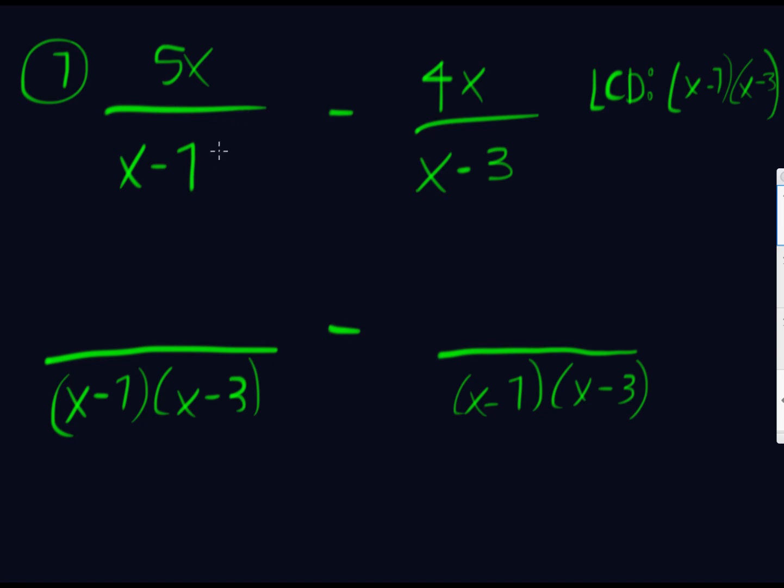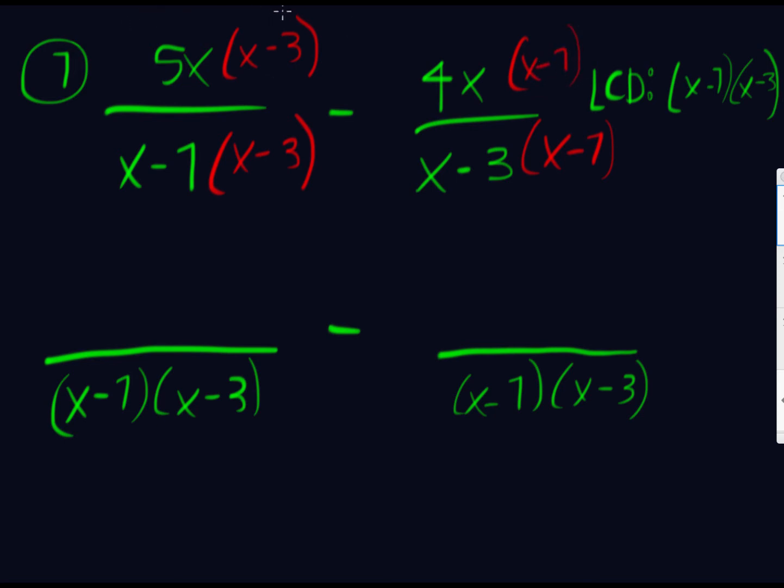So to make that x minus 7 times x minus 3, you would need to multiply it by x minus 3. And what you do to the bottom, you have to do to the top. If we look at our second expression, we already have a denominator of x minus 3. So we would want to multiply this one by x minus 7, and what you do to the bottom, you must do to the top.